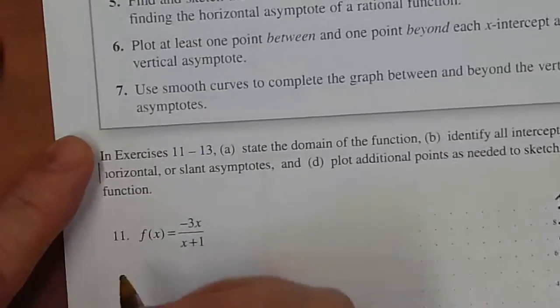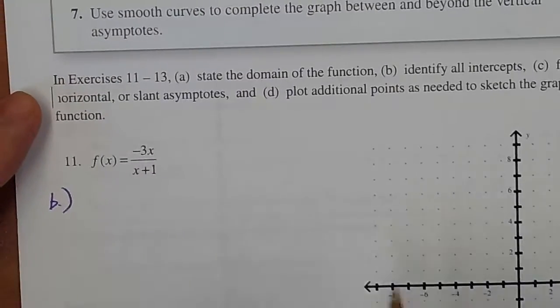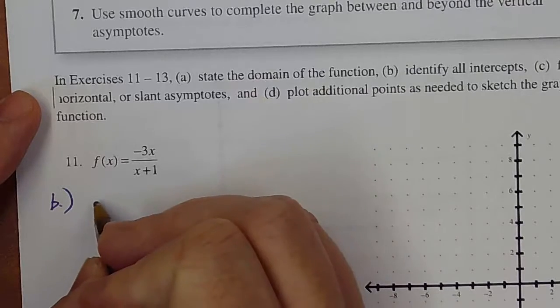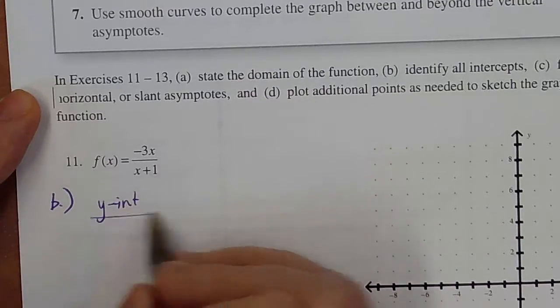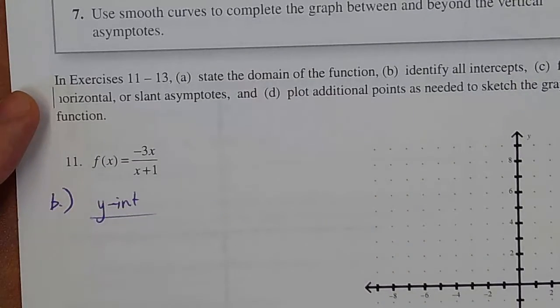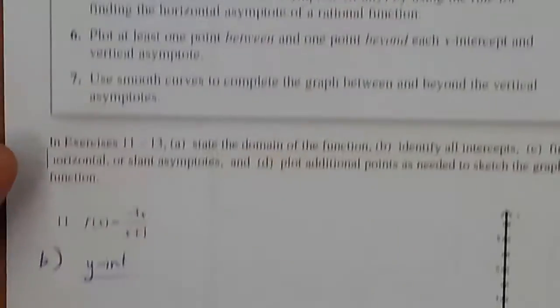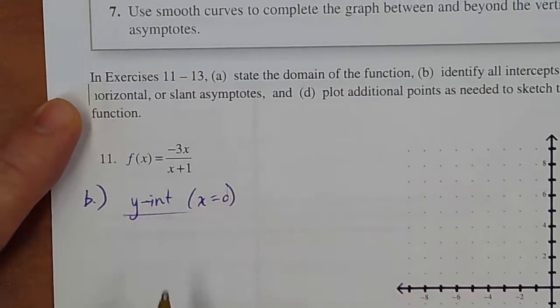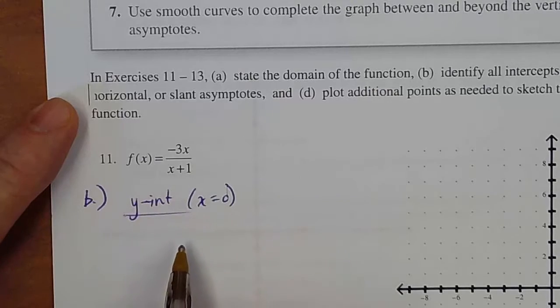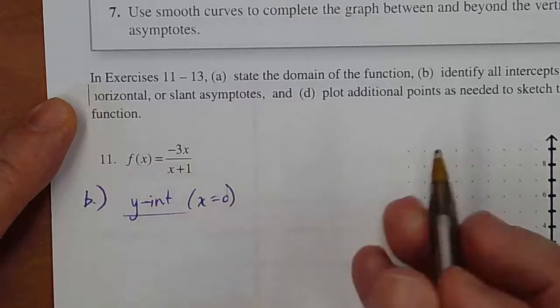Okay, all right, so for part B, identify all the intercepts. Let's just kind of break this up one step at a time. Let's go with y-intercepts first. Okay, so for y-intercepts, as it says up here, we're going to let x equal 0. So x is going to be equal to 0. Throw it into this function. Okay, you can replace f of x with y if you prefer, or you could write f as 0. Doesn't matter.